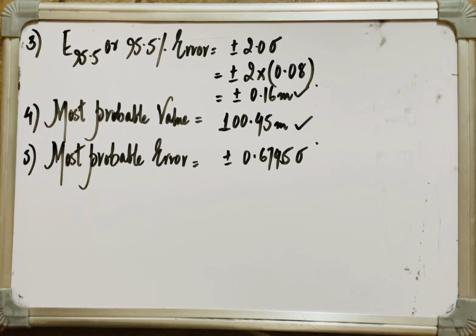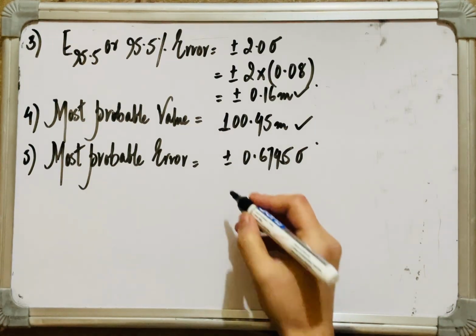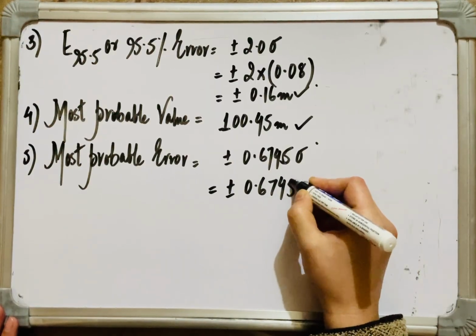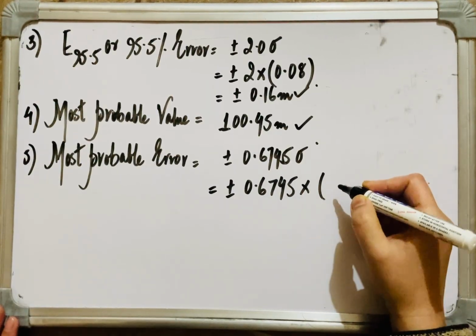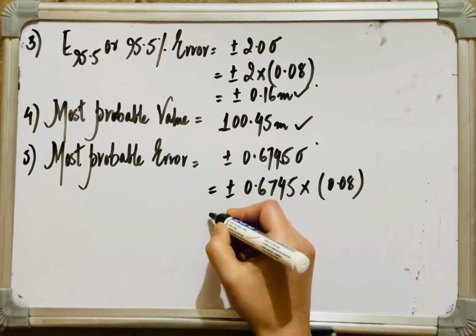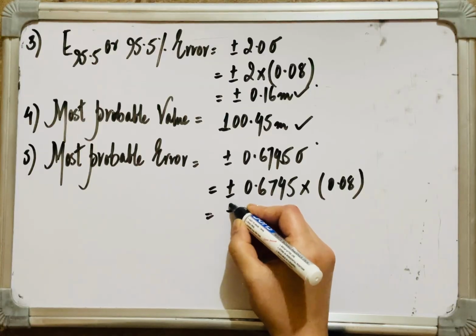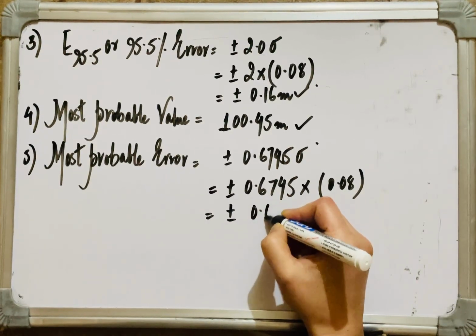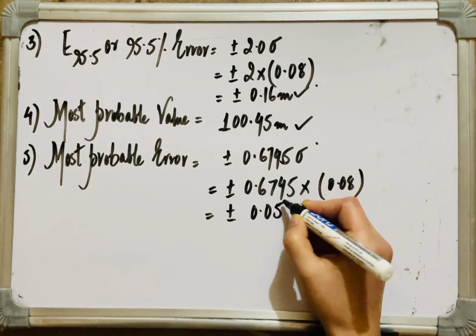All right, it is 0.6745 times the standard deviation. How much is my standard deviation? My standard deviation is equal to 0.08. So by calculations, this most probable error is equal to plus minus 0.054 meters.